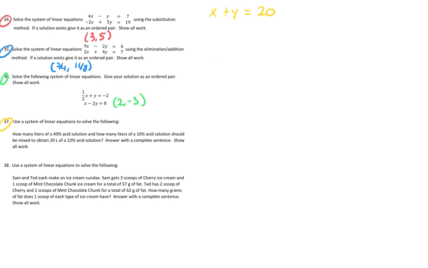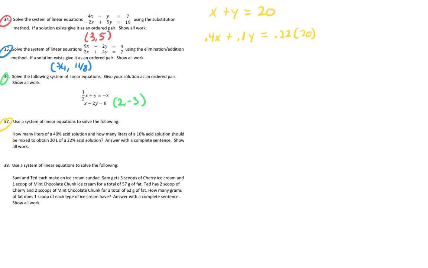And then we know it'll be 0.4x for the 40% times the amount of X plus 0.1y should equal 0.22 times 20.